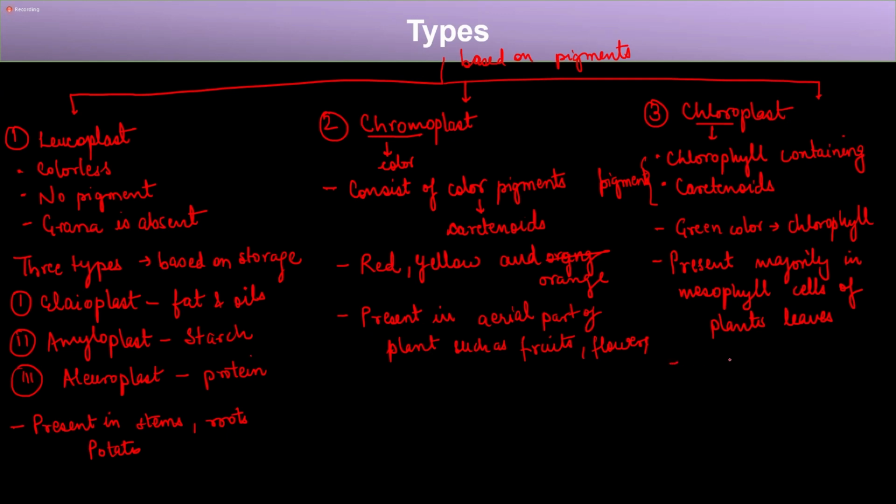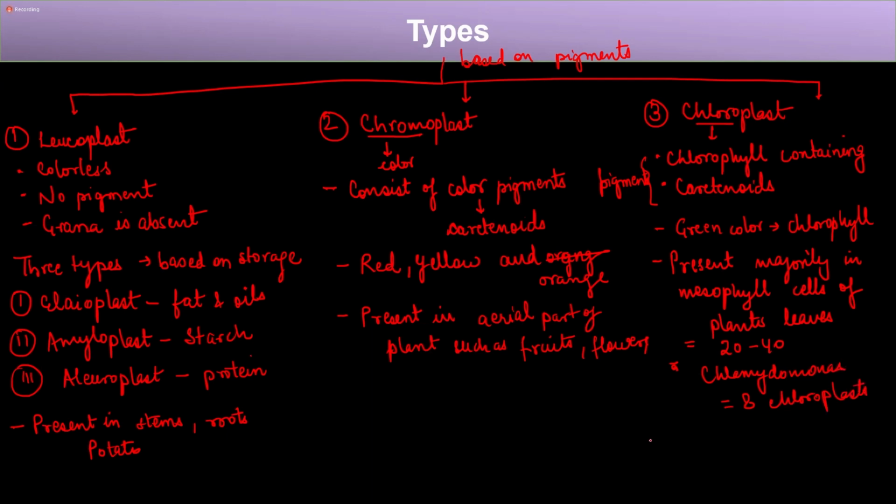In a single mesophyll cell, 20 to 40 chloroplasts are present. But in another organism, Chlamydomonas, which is an alga, 8 chloroplasts per cell are present.